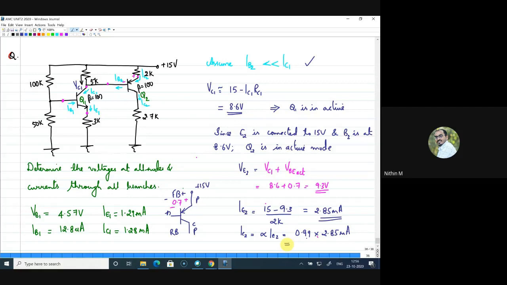Given that beta is 100, with that beta value you will get alpha as 0.99. That will result in your IC2 value, which is equal to 2.82 milliamps. Is that clear? Yes, Laksh, it was coming to 2.85. All right. So IC2 is 2.82.